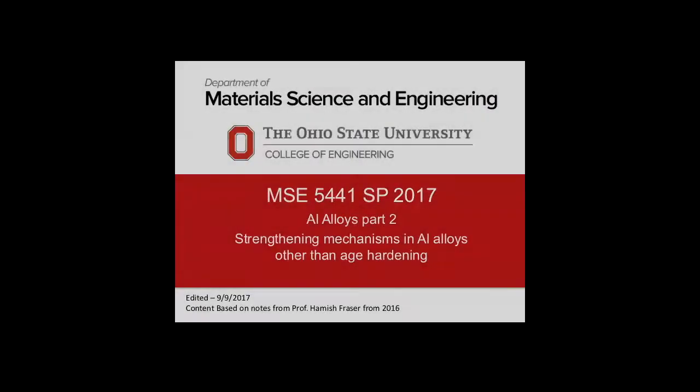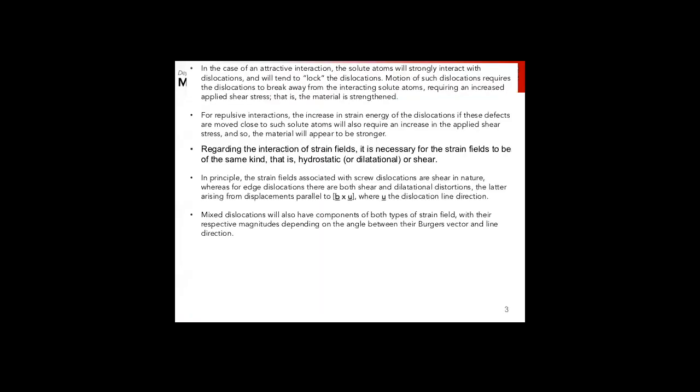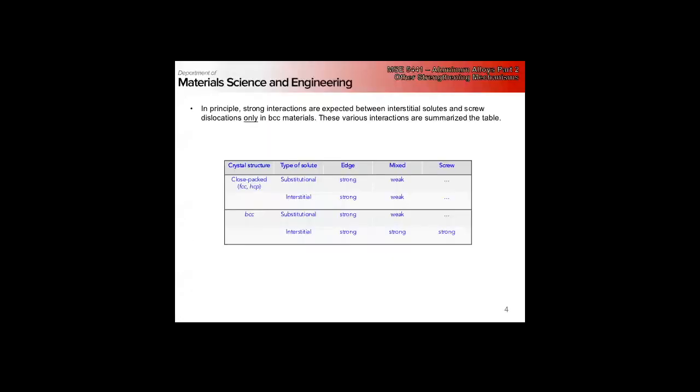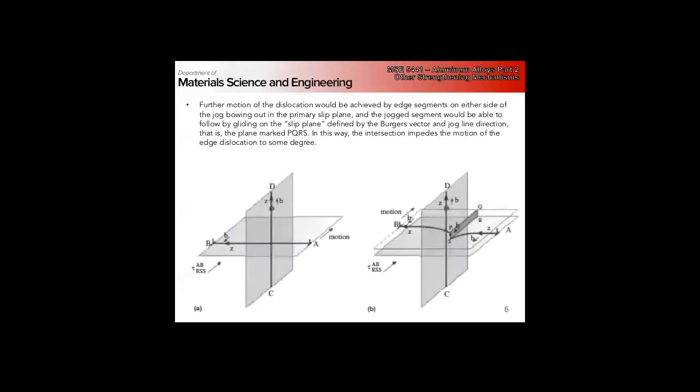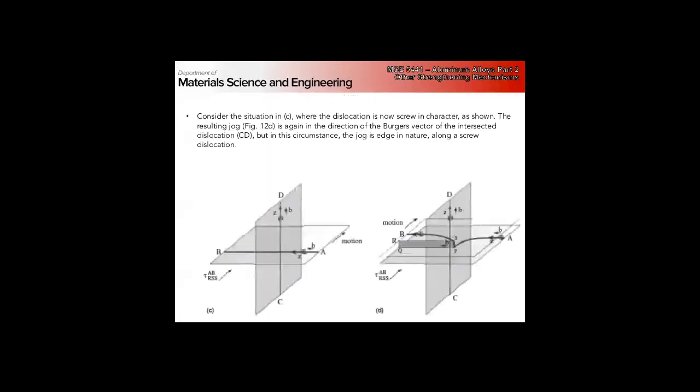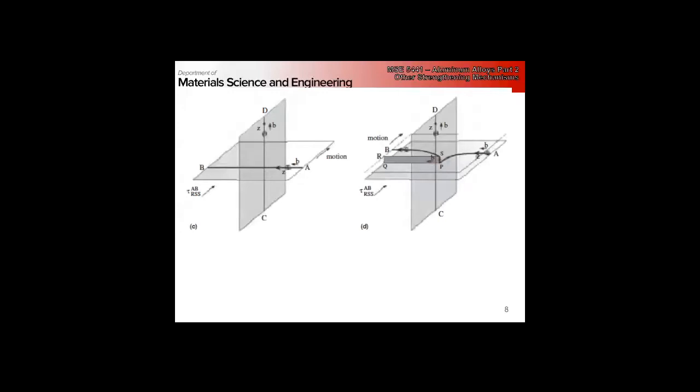For other strengthening mechanisms, we have solid solution strengthening. This first part is just a review of what we did in strengthening: the difference between kinks and jogs, and why kinks are always mobile and jogs may be sessile, especially for screw.